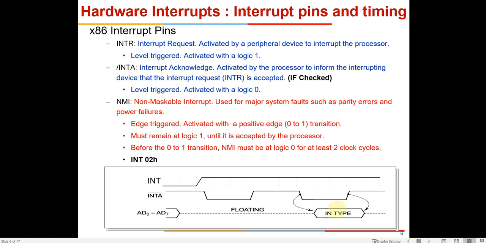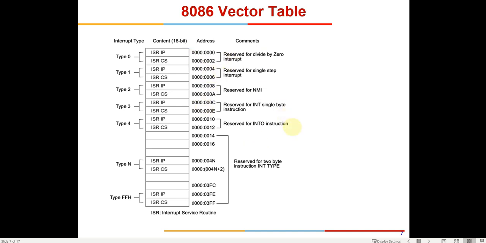Okay, so now where are these 256 interrupts, and how are they organized? There is something known as the vector table. The first 1 kilobyte of the memory is reserved for the vector table.